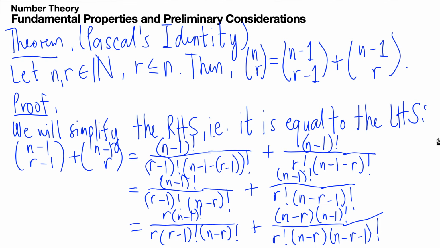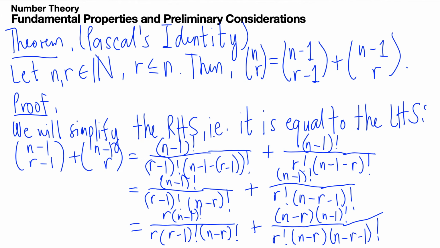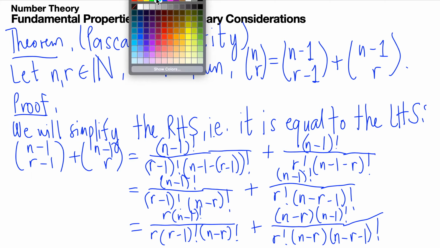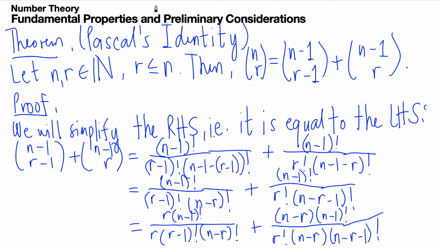So writing that down in the next page, what we have is r times n minus 1 factorial all over r factorial, right? So this one became the r factorial.